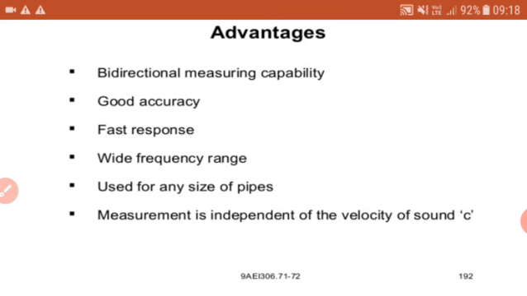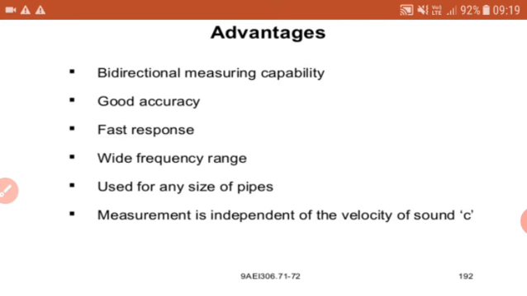And they are insensitive to variations in viscosity, density and temperature. Other flow meters are highly dependent on these, but this flow meter is not sensitive to viscosity, density and temperature.